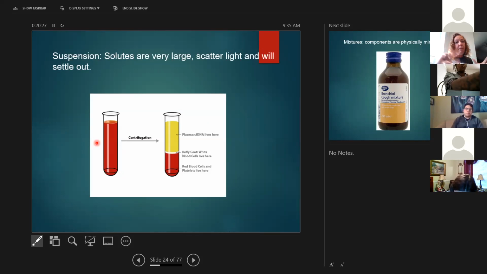You have to mix it back up. If it's salt water, it settled out. If it settles out, it is a suspension. If it does not settle out, then it is either a solution or a colloid. And if it goes from liquid to solid, then obviously a colloid.